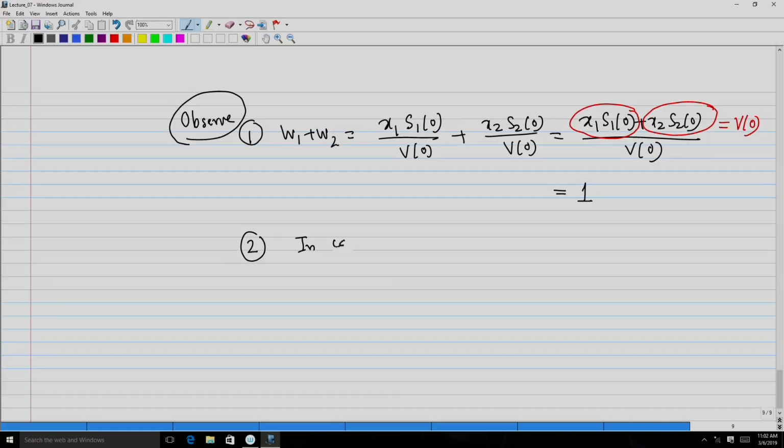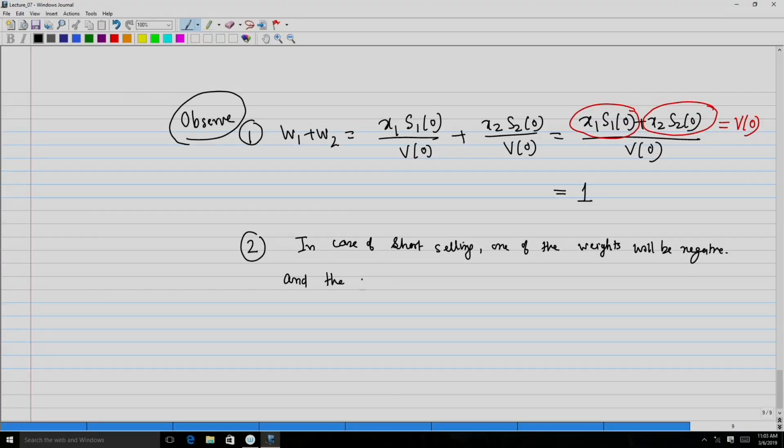So, in case of short selling, one of the weights will be negative, and since the sum of the weights must be equal to 1 and one of the weights is negative, obviously the other weight is going to be greater than 1.